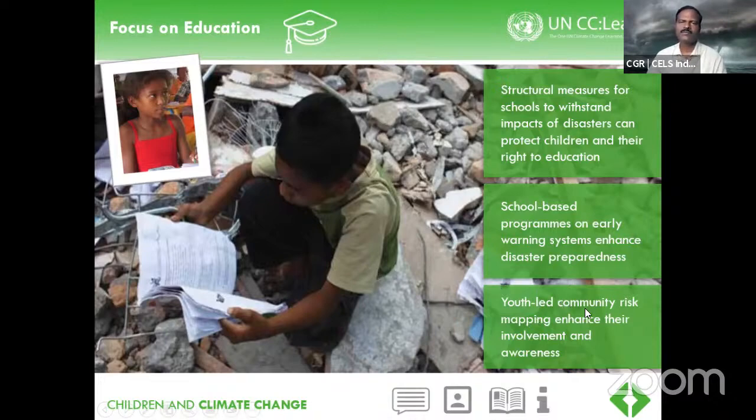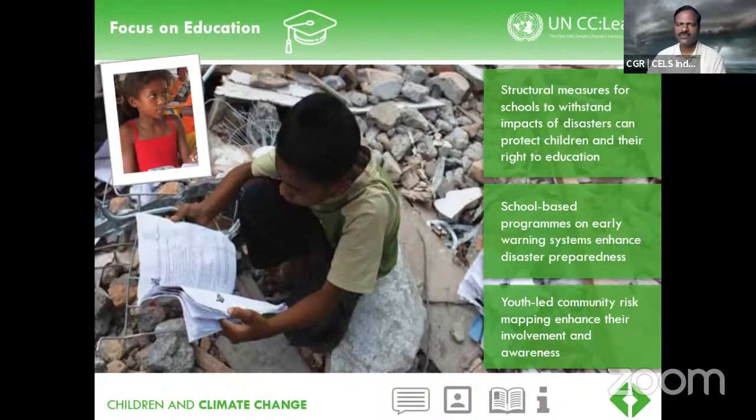Then youth-led community risk mapping enhances their involvement and awareness. This is also very important. Civil defense we have to build, and especially involving youth in such programs. So that's why we have Earth Leaders programs, where youth are made aware of climate change, including this program which we are conducting, especially introducing climate change courses of the UN as one such means.